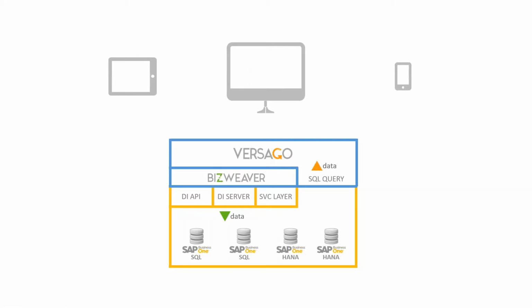Any information that we want to display to users, we can display by simply calling data and sharing it. Any information that we want to capture from a user, we can either keep in Versago, or if it's met some business criteria and should go into SAP Business One, we can pass it through and get that information into SAP Business One.